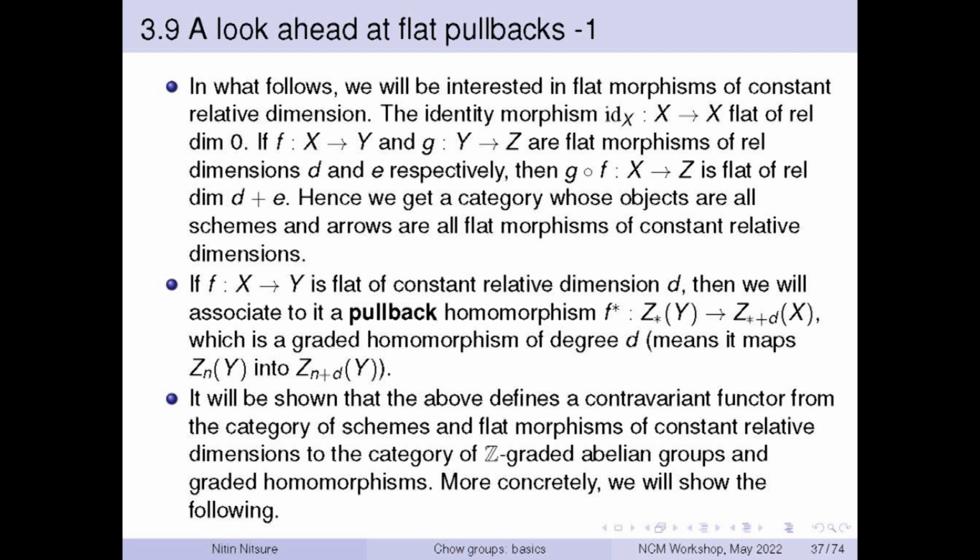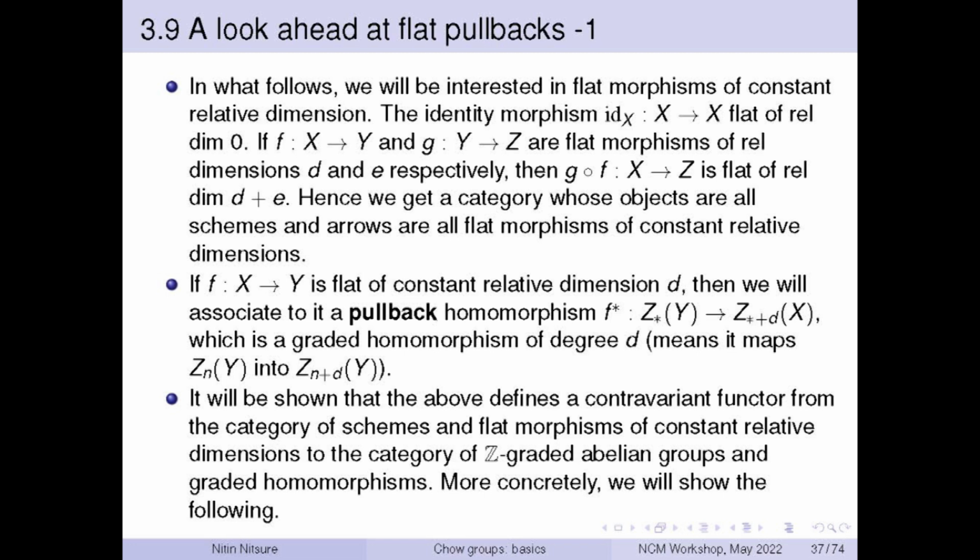Both are flat of constant relative dimensions, but the relative dimensions may be different. So what is the relative dimension for the composite? It is the sum of the relative dimensions. This you can easily see from how we defined it. And so the pullback will be of graded degree d plus e when the individual graded degrees are d and e.